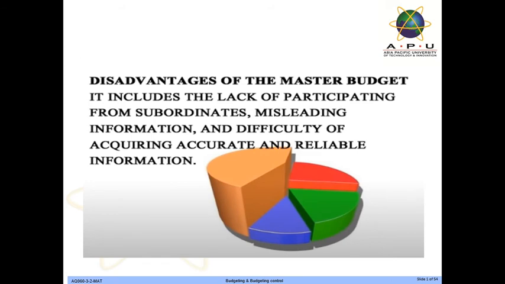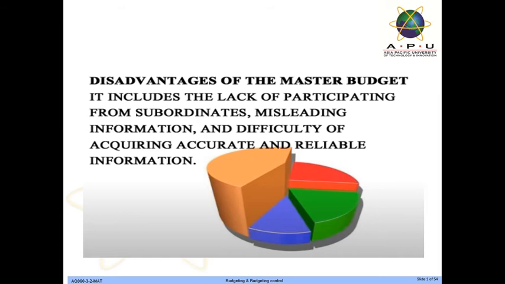Then we go to the disadvantages. What are the disadvantages of the master budget? The disadvantages include the lack of participation from subordinates. As you can see, to create a budget, we need information gathered from across the company and the departments.